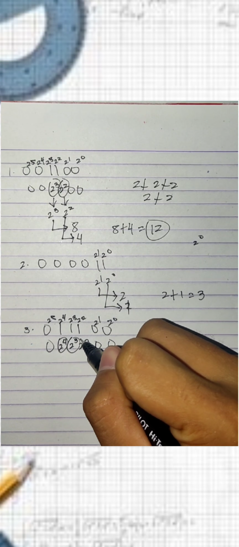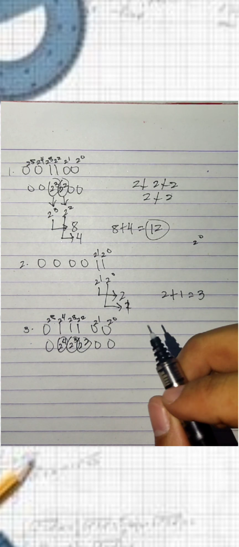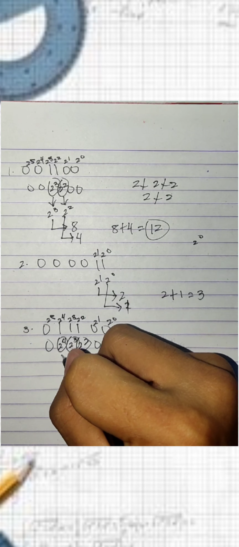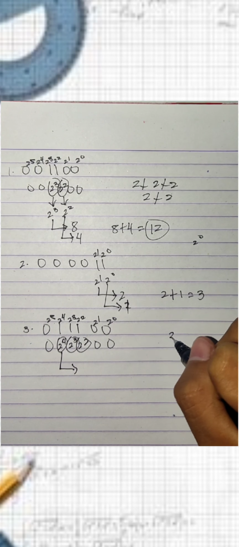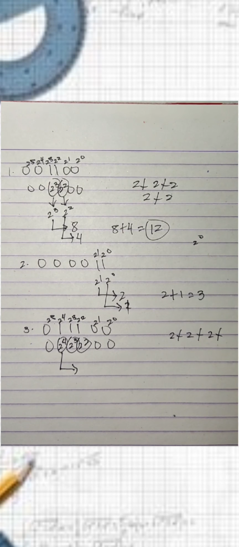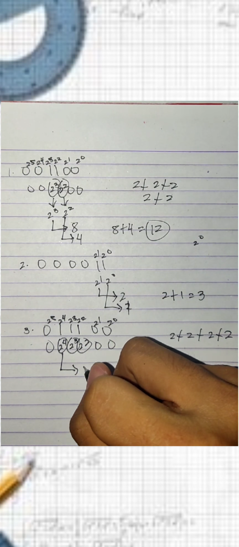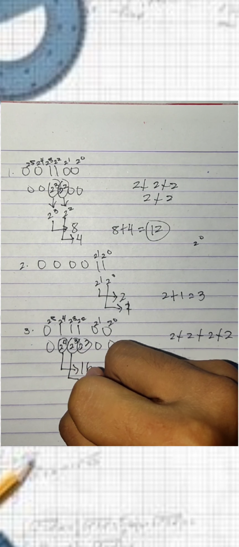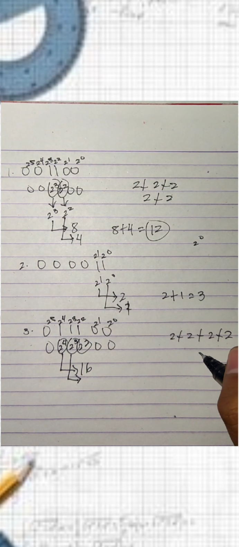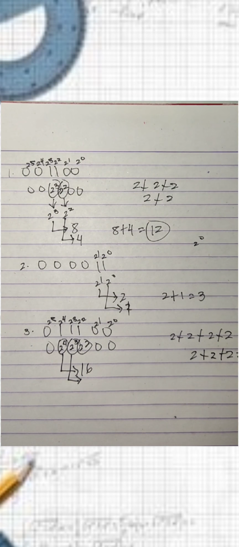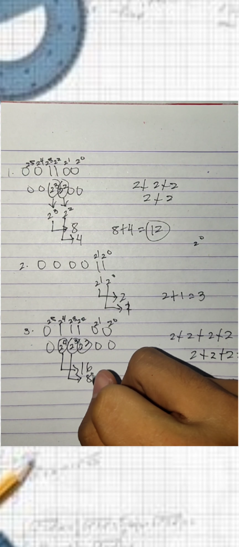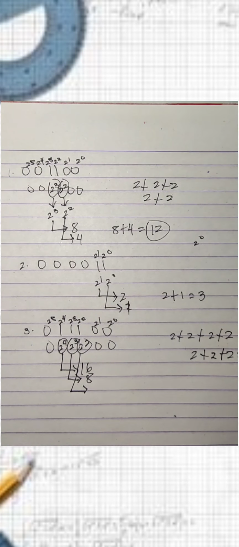Ito na lang papansin natin. Gagawin natin siyang whole number. So, 2 times 2 times 2 times 2 is equals to 16. Itong 2 to the third power naman is 2 times 2 times 2 is equals to 8. Itong 2 squared is 2 times 2 is equals to 4.